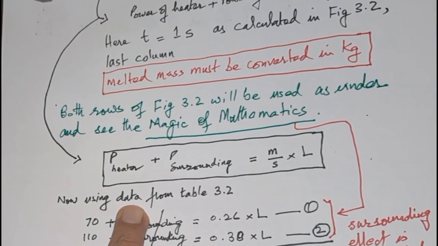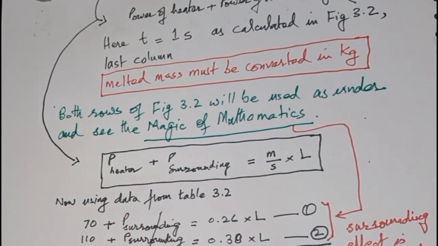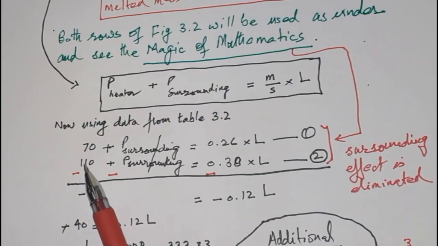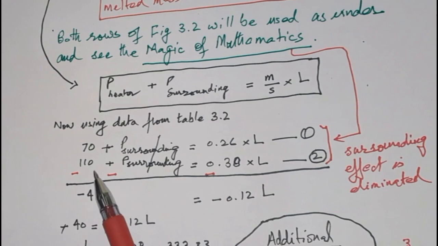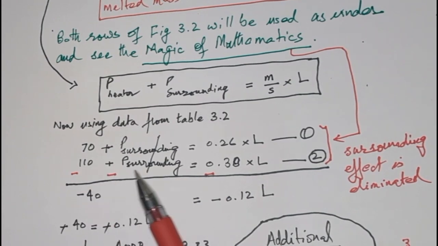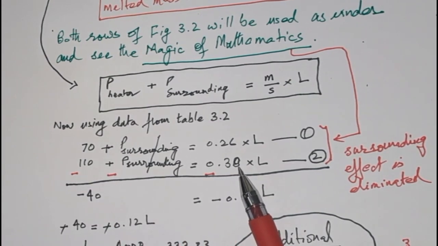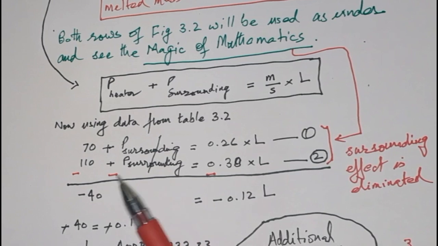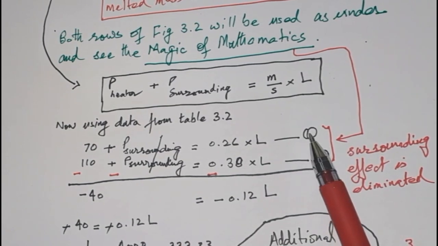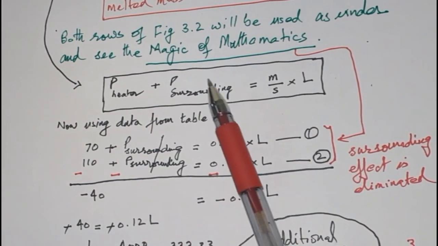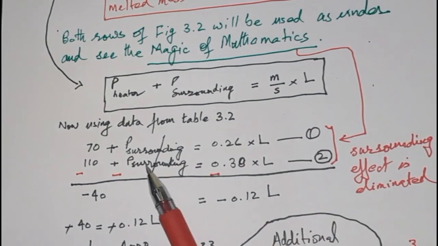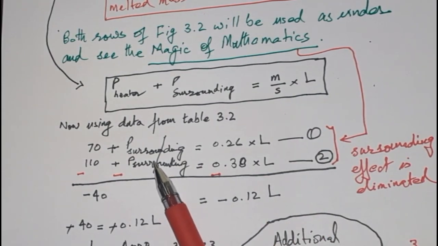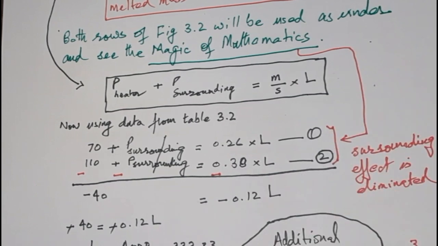Now, using data from table 3.2, we get two equations, one with the power 70 and mass per gram 0.26, the other 110 and the mass per gram 0.38. And when we subtract equation 2 from equation 1, this is the magic of mathematics, that we are eliminating one quantity from simultaneous equations.